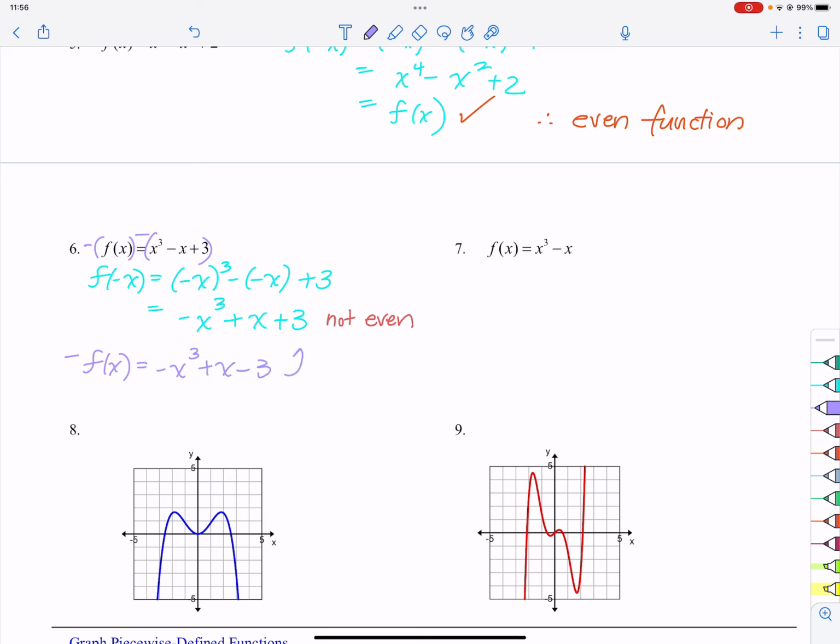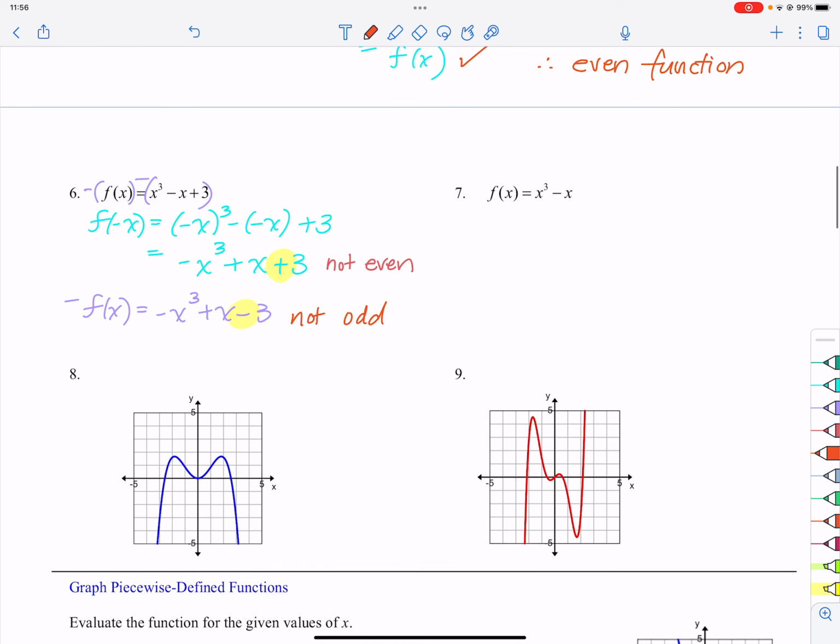And that is definitely not equal to what we came up with. You can see we have a plus and we have a minus. So we are not odd either.